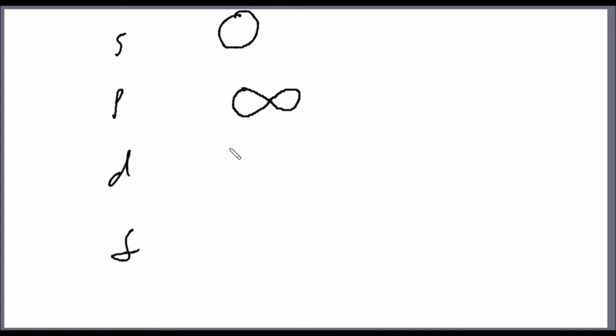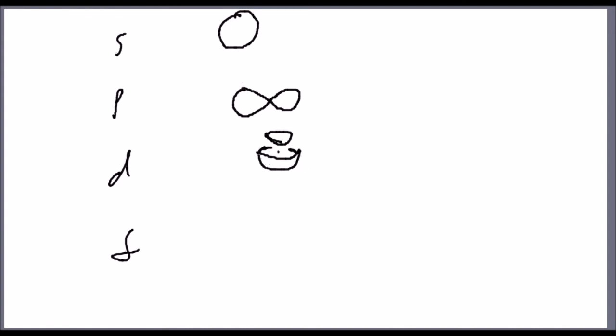Now this is where I'm just going to give an example of a d orbital, because this is where it gets a bit strange. So the d orbital has a sort of donut shape around here. It has a sort of part on top, and I'm not sure if you can imagine it, the atom's going to be in the middle here.